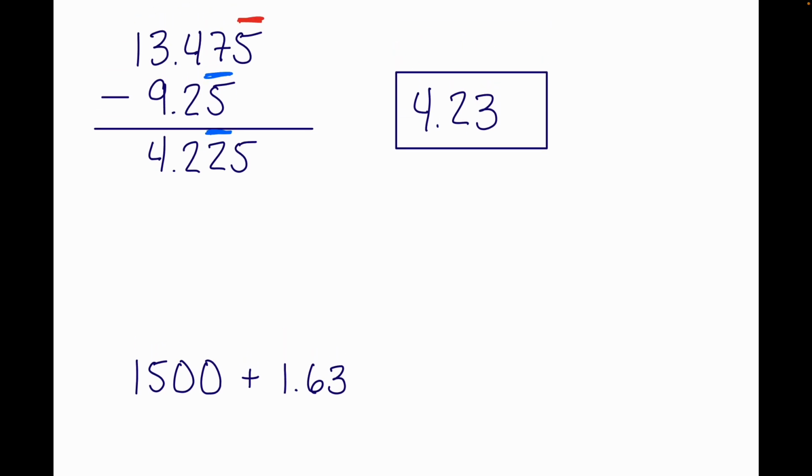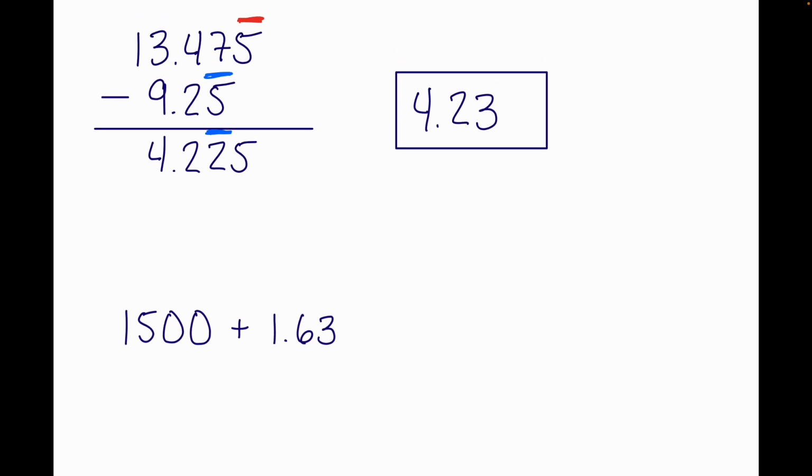All right. This next one's a little weird. What we're going to do is blindly follow our sig fig rules, and then we'll take a step back and try to understand why we get such a weird, bizarre answer. So first of all, if I punch this into my calculator it will spit out 1500 and 1.63.